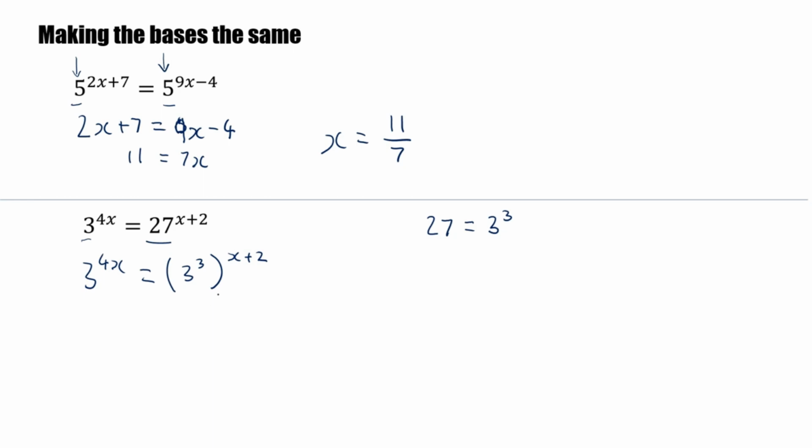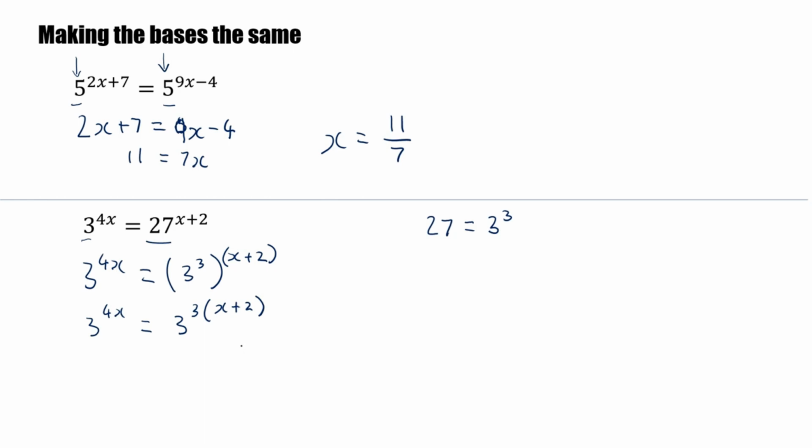Now we have something we can work with because we've got the brackets of something to a power to another power on the right-hand side, so we can use that index law that involves multiplying the powers. However, be careful, this power is coming as a whole, so therefore all of x plus 2 has to be multiplied by the 3, so make sure you use proper brackets to ensure all of that is happening. So you can see how I've written it there.